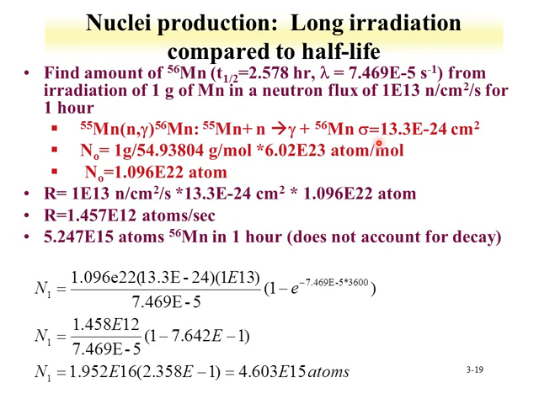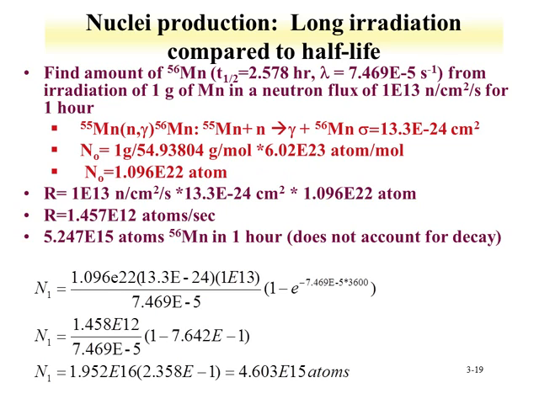That cross-section is 13.3 barns, so the cross-section is 13.3 times 10 to the minus 24 centimeters squared. 100% of manganese is manganese-55, so we use this molar mass times Avogadro's number. That gives us the number of target atoms.